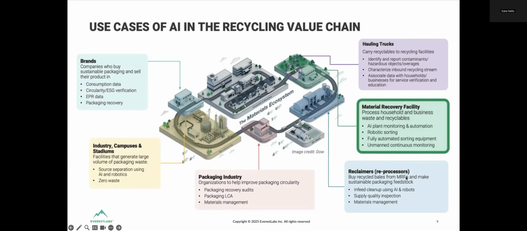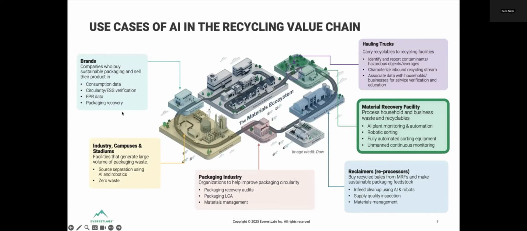We can also use that AI to make the reclaiming process better, being able to more efficiently process the recyclables back into raw material. We can also provide packaging companies with insights that they need to do a better job of designing more sustainable packaging. The AI can also be used to help deal with recyclables directly on site for large producers of waste and recyclables, like campuses and stadiums.